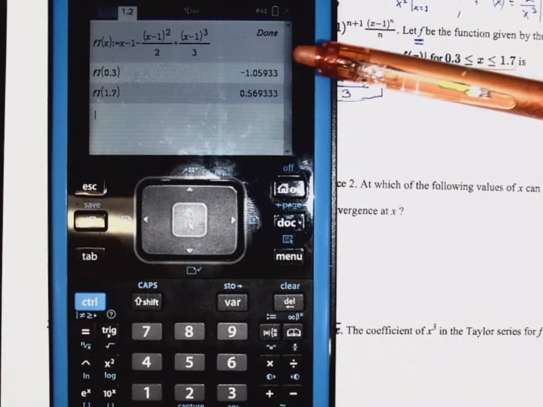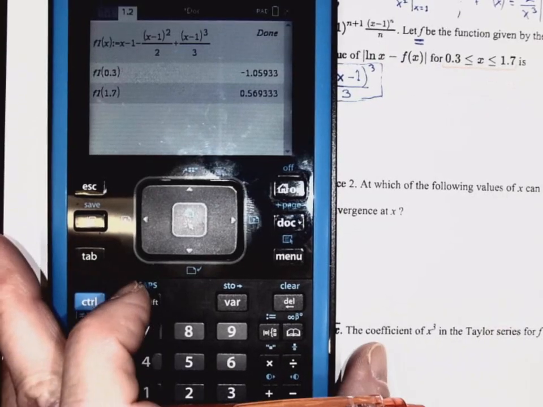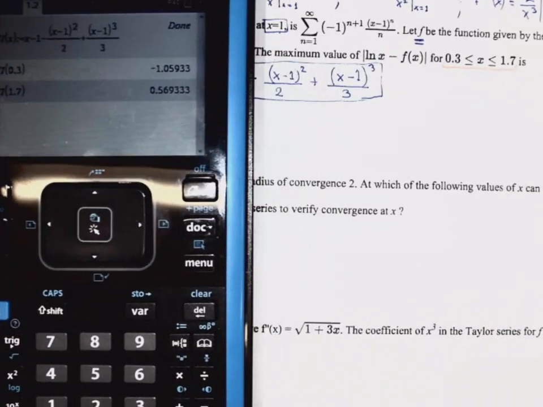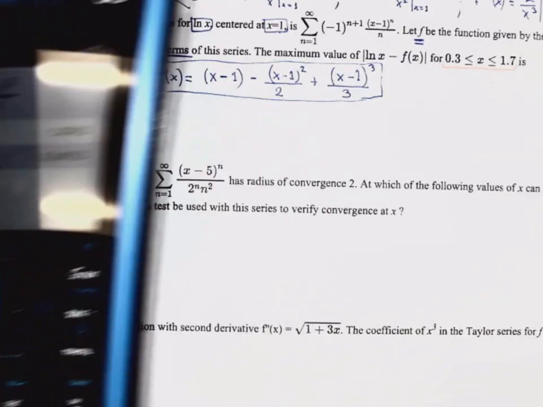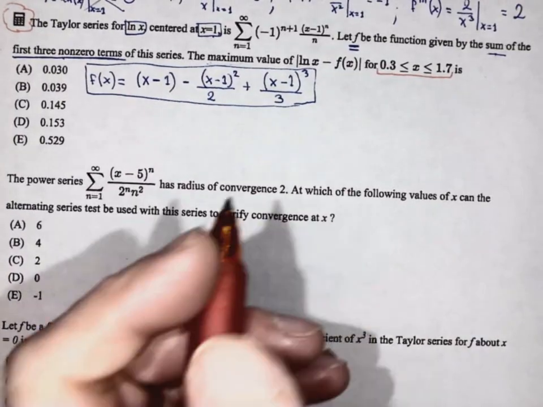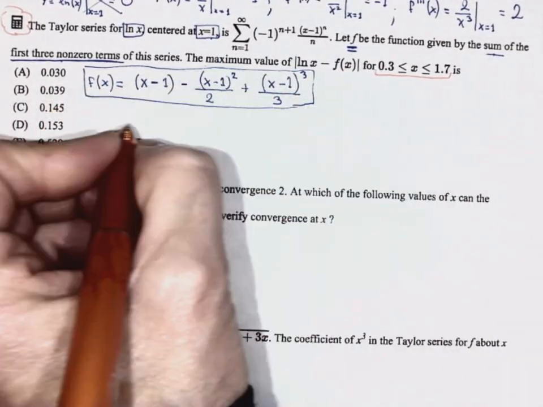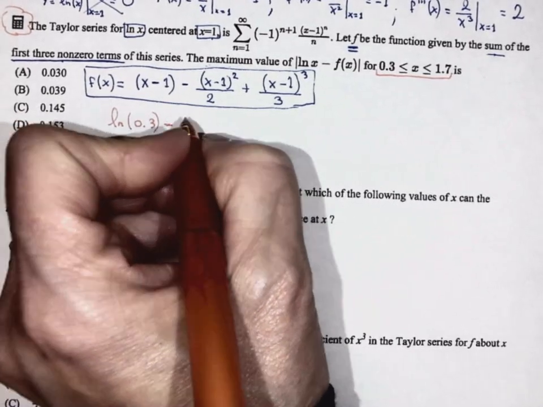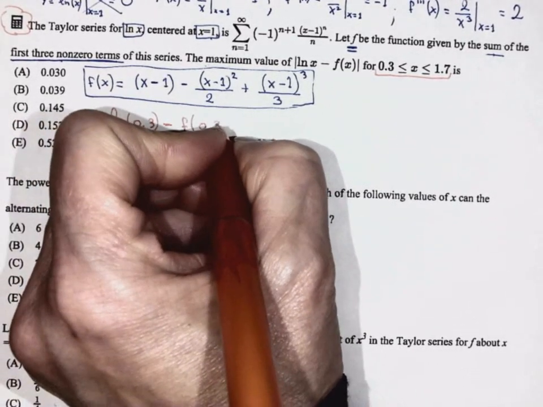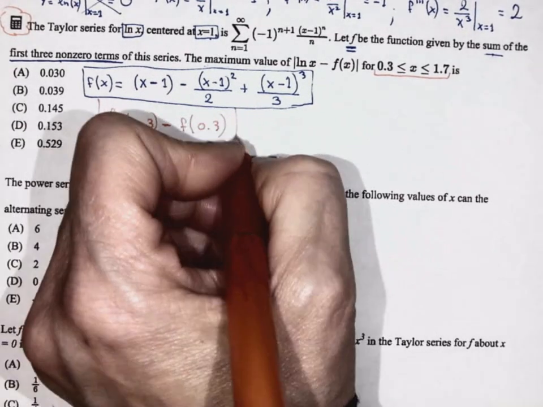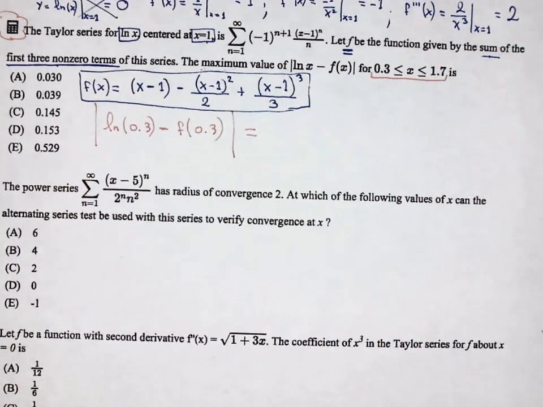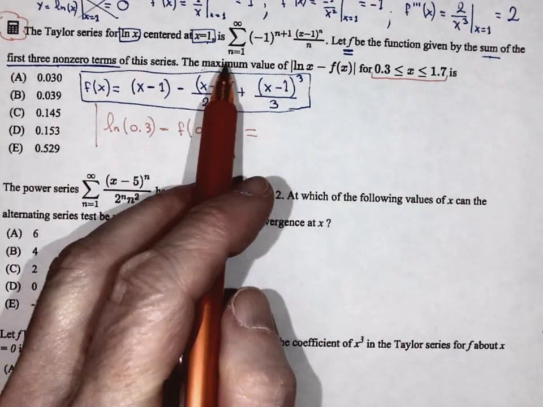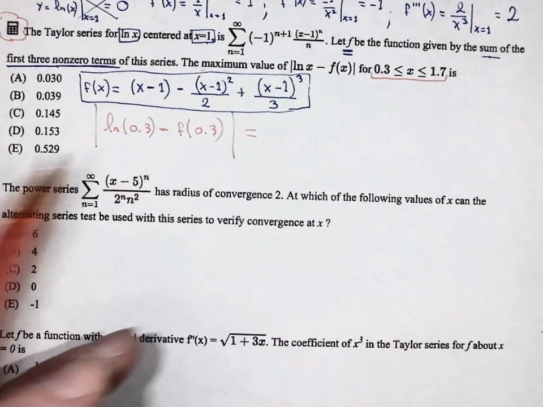So I'm going to use 0.3. What I'm doing now is taking the absolute value of the natural log of 0.3 minus f of 0.3, and that will be my maximum value.